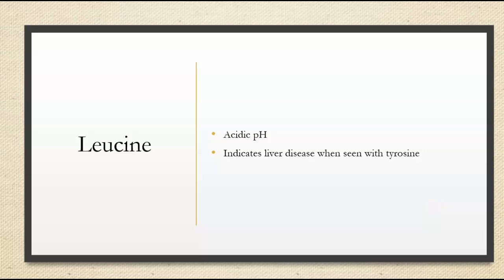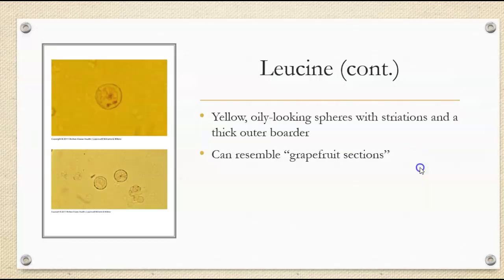Leucine we will see in high acidic pH. It will often indicate liver disease when we see it in conjunction with tyrosine crystals. These basically look like grapefruit sections or half of a grapefruit. They're yellow, oily-looking spheres with striations and a thick outer border.